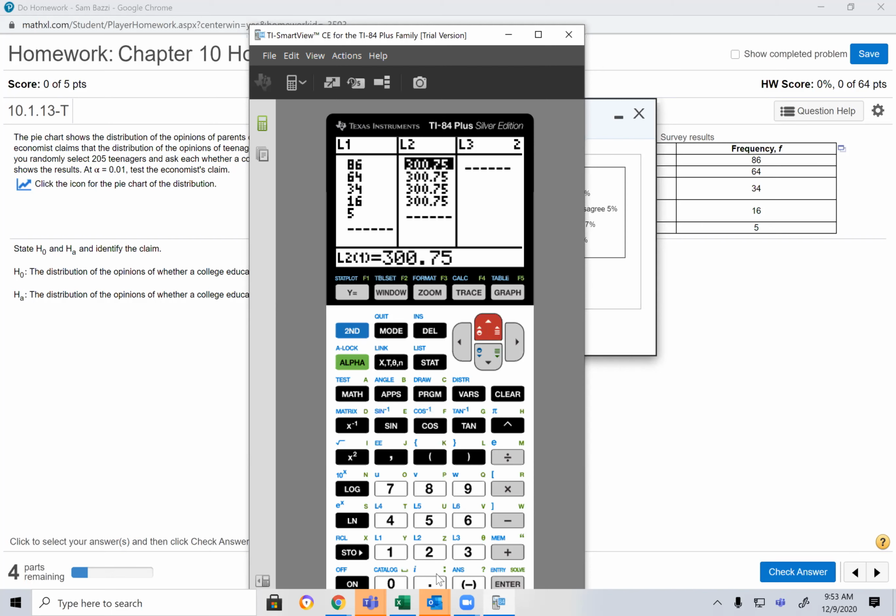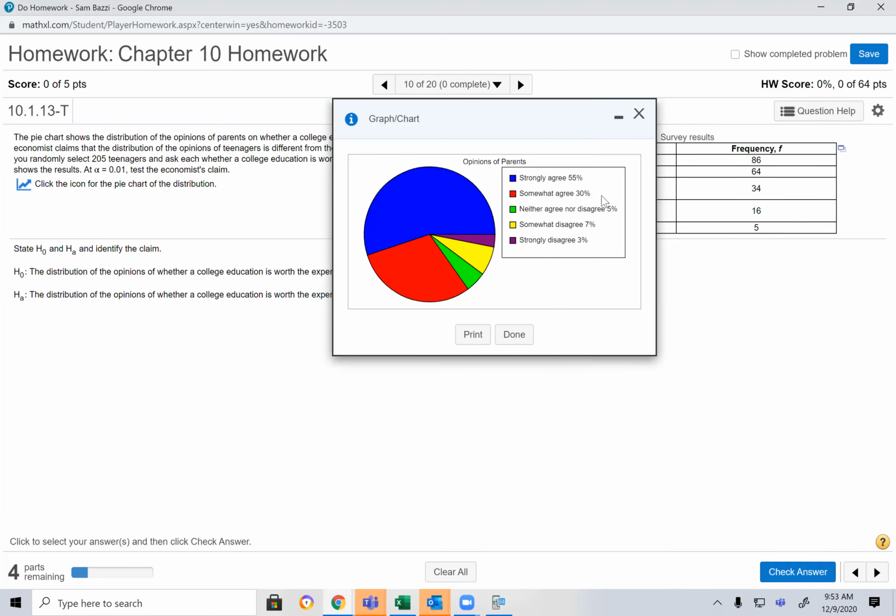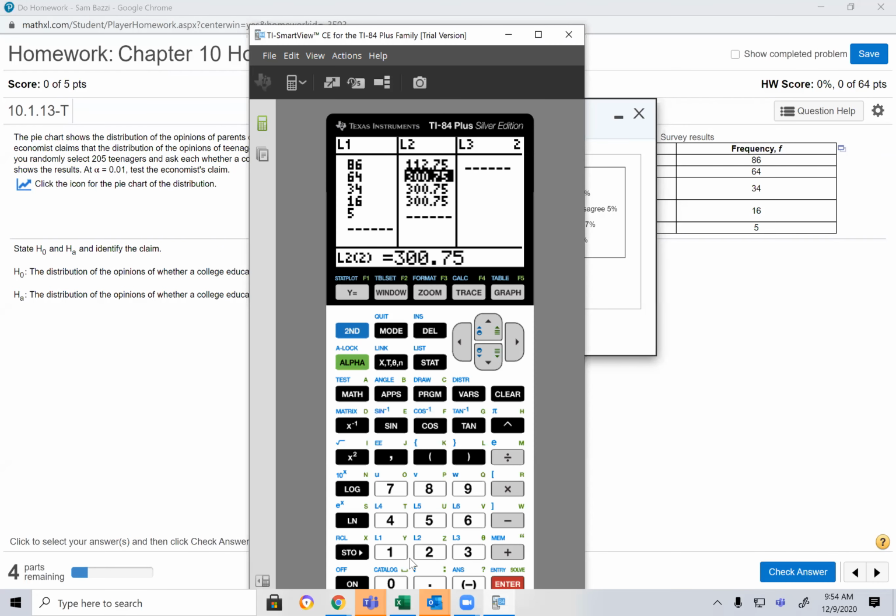So 55% will be 0.55 times 205. There's the first value. What was the second one? 30%, and then I have 5%, 7%, and 3%. So let's go back. 30% will be 0.3 times 205.